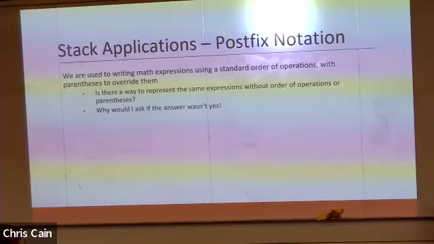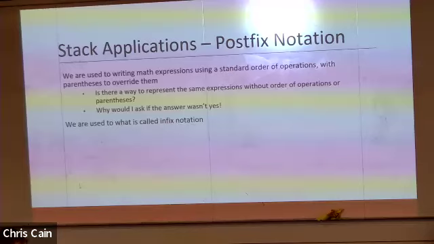If we want to describe the way that we evaluate math expressions as people, we would call that infix notation. This means that the symbol appears in the middle of the expression. So when we write something like 5 times 6, the times appears in the middle of the 5 and the 6. But what if we made that something that could move around?